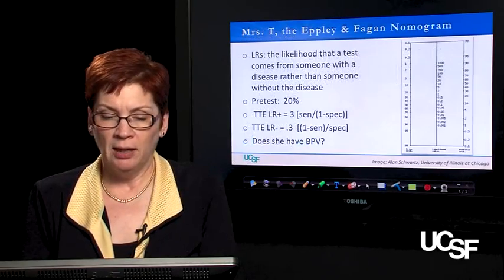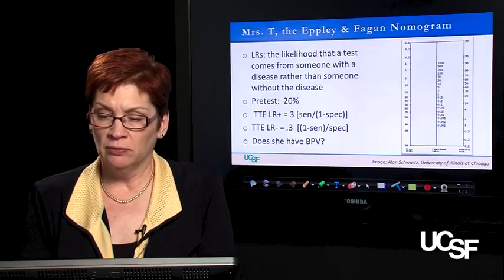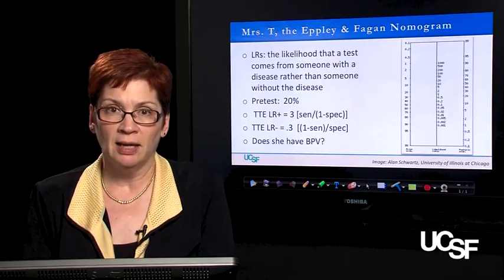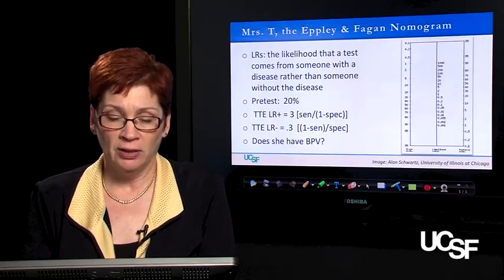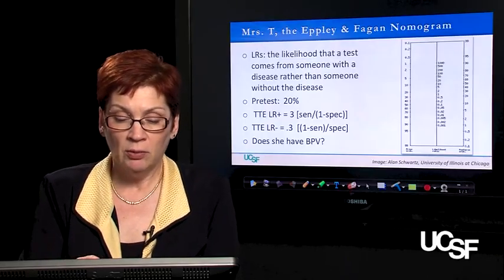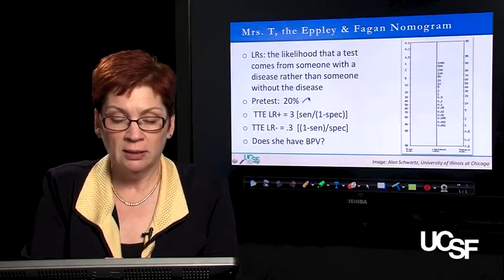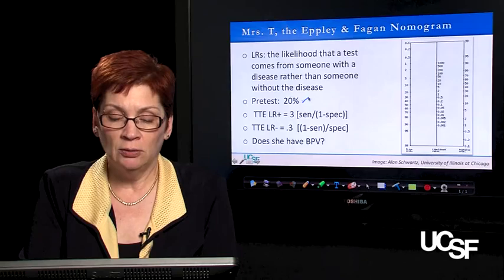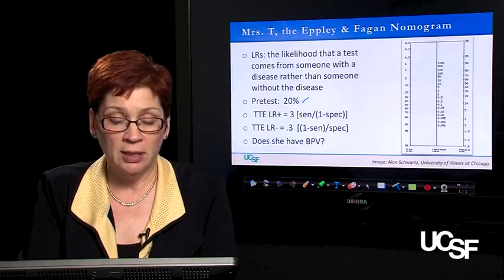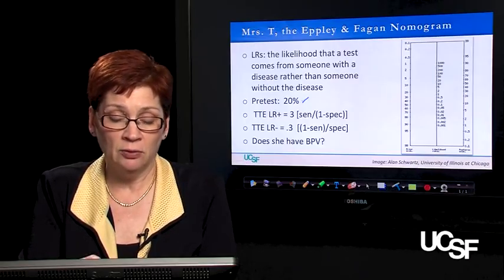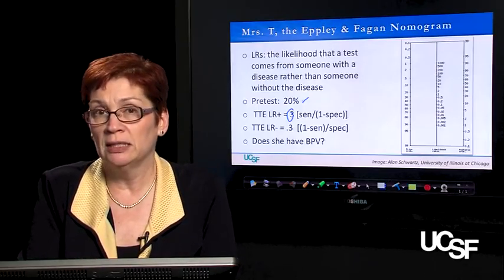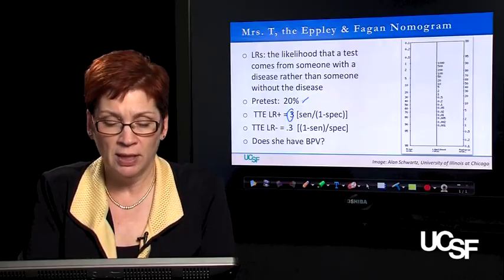Let's apply Mrs. Trigliani's Epley maneuver to our Fagan nomogram so we can confirm this and finish up with our confidence about the wisdom of her diagnosis. So we start with our pretest probability of 20%. And calculating a likelihood ratio with a sensitivity and specificity of 75% and 75%, we get a positive likelihood ratio of 3. See how much the lowered sensitivity affects this likelihood ratio positivity?